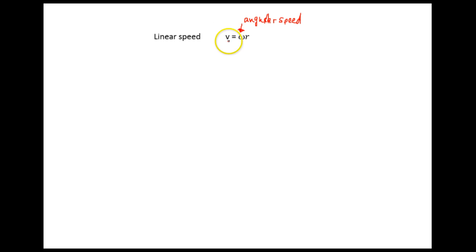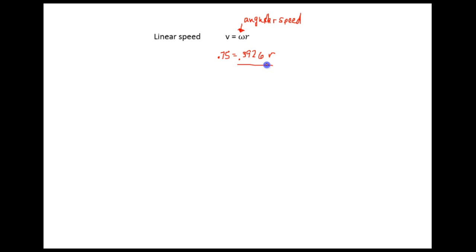Now v, our linear speed, we found to be 0.75 inches per second. Rho, my angular speed, I found to be about 0.3926. And I don't know r at this point. I'm pretending like I don't know the radius, and I'm using the speed to calculate my radius.